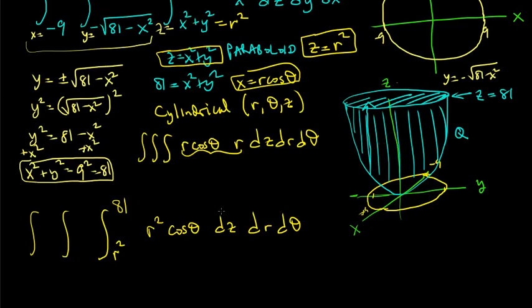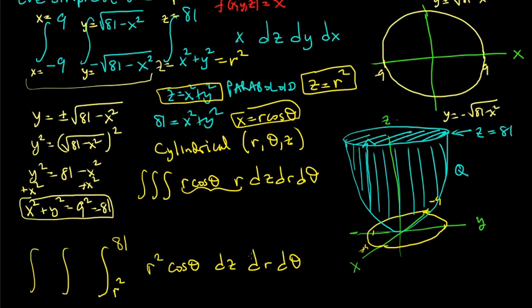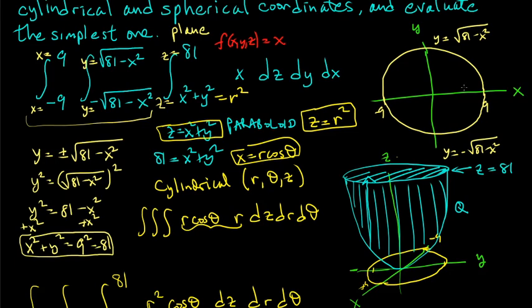All right, now we have to do dr and d theta. So what is r doing? For that, I would go back to the two-dimensional disk up here. We're going from r equals 0, which is the origin, all the way up to the radius of this disk. So what's the radius of this disk? It's not 81, right? That's the z here.